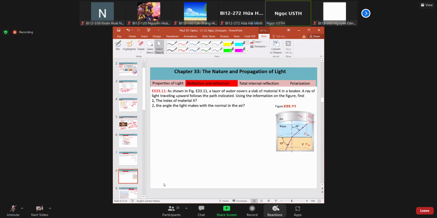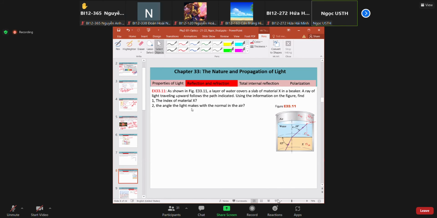Okay, so now we'll move to the first problem related to this knowledge, and then you can practice. In this problem, you just need to remember the equation of refraction, because we don't have reflection here. But refraction is a little bit complicated, right?